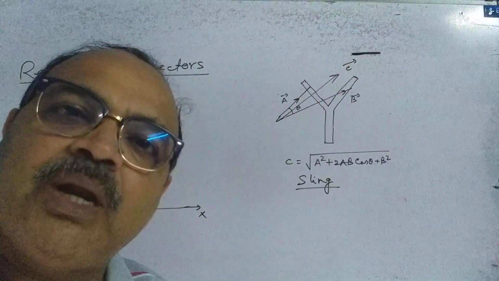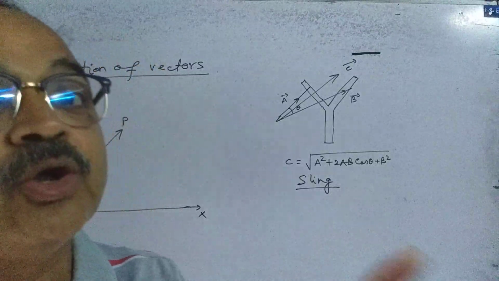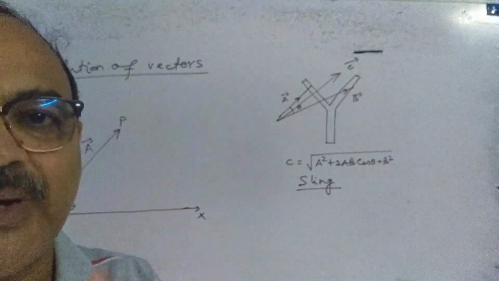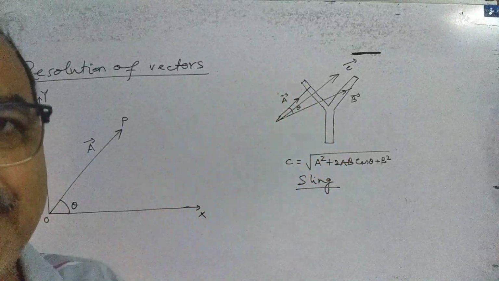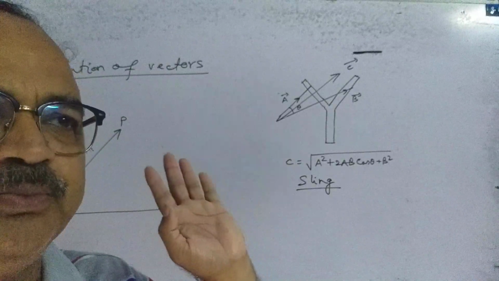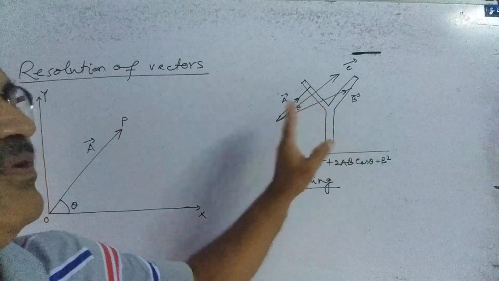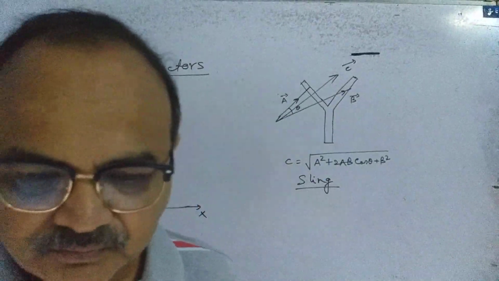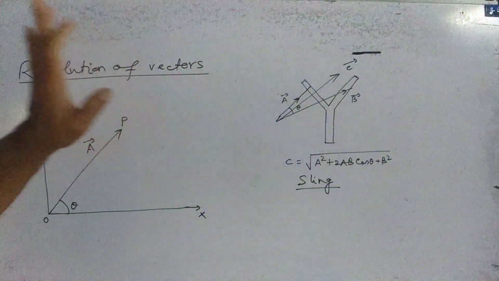It is a very good example of the parallelogram law of vectors or forces, because force is a vector quantity. I told you before also, the parallelogram law is one of the most important laws, so it is very important to discuss. Now, let us move to resolution of vectors.